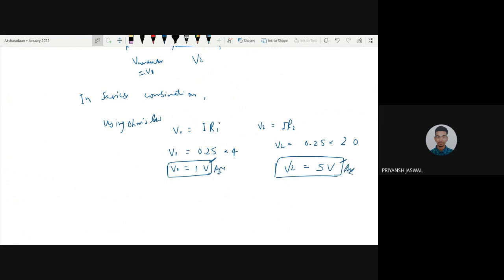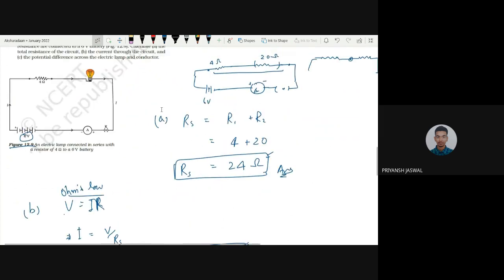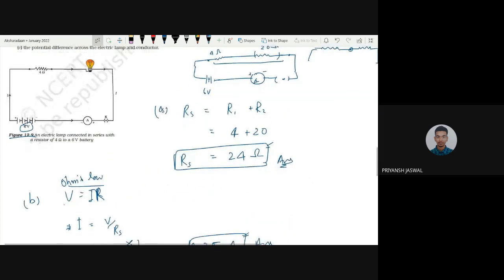And you can from here confirm also that the sum of all the potential drops, 1 plus 5, is equal to 6, which is equal to the battery voltage, that is the source voltage we have applied, which was divided among the components. So that solves our question.